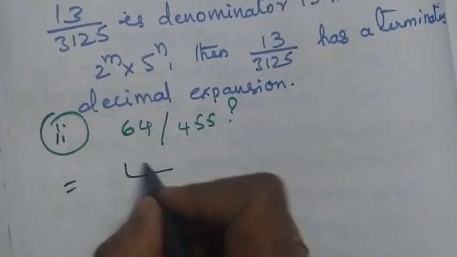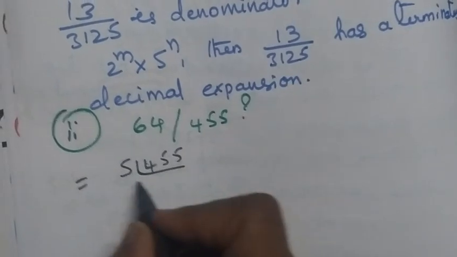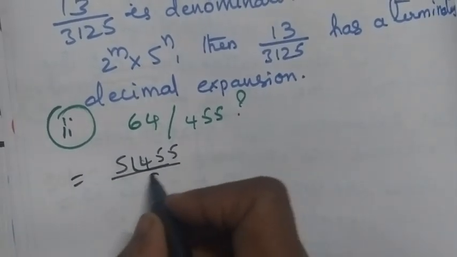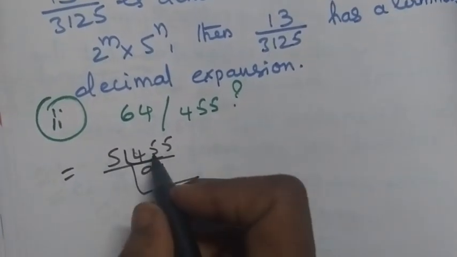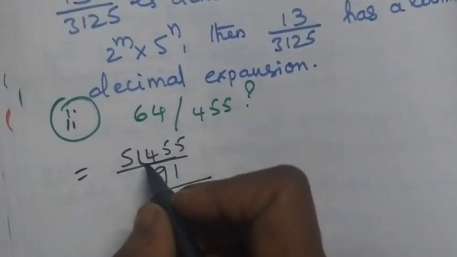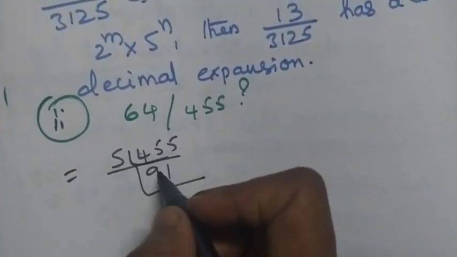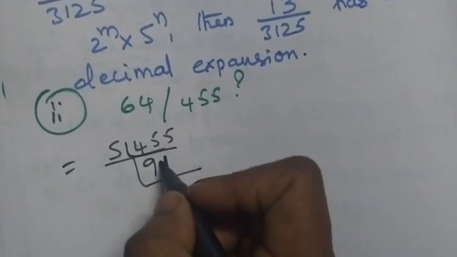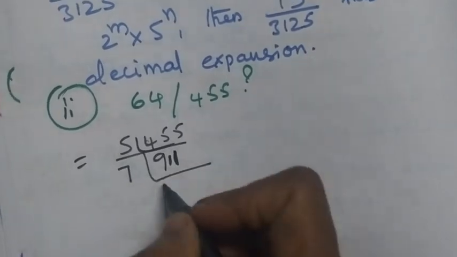Take the denominator 455; we have to express it as prime factors. 5 nines are 45, 5 ones are 5, and again 7 ones are 7.